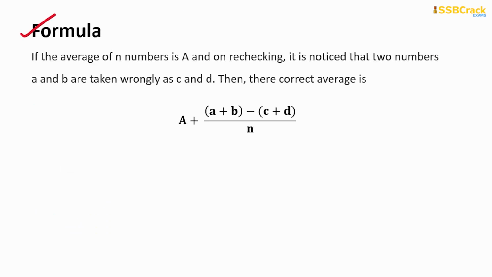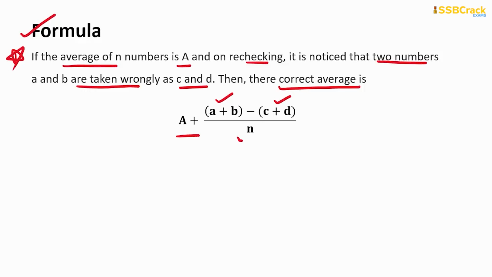Now coming to the next formula. This is also a very important formula, as solving this type of question can be lengthy by the traditional method. So we should remember this formula and apply it to find the answer very quickly, right? So if the average of n numbers is A, and on rechecking it is noticed that two numbers a and b are taken wrongly as C and D, then the correct average is A plus b minus C plus D, divided by n.